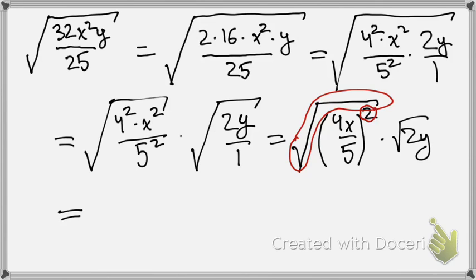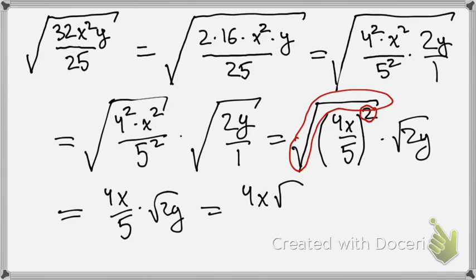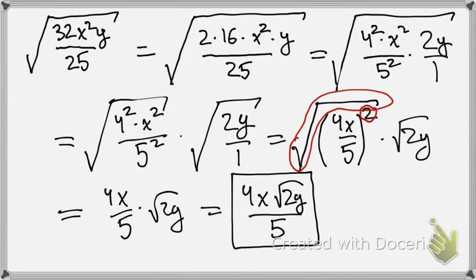And therefore the first root simplifies to just 4x over 5, and then we have the square root of 2y left. So let's just write this as a single fraction: 4x times the square root of 2y divided by 5. And this is the result of our simplification. This is our final answer.